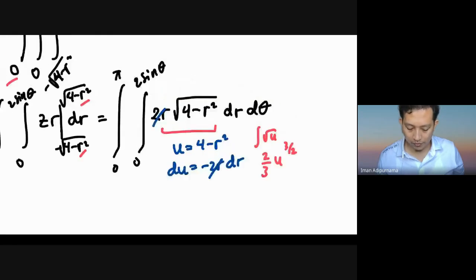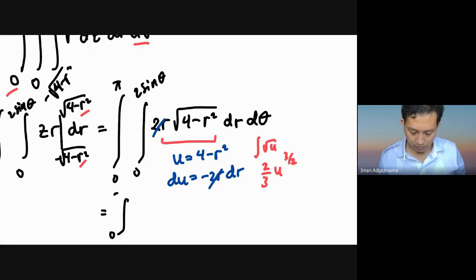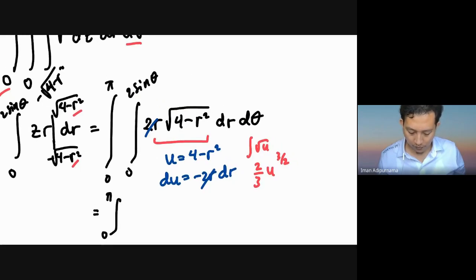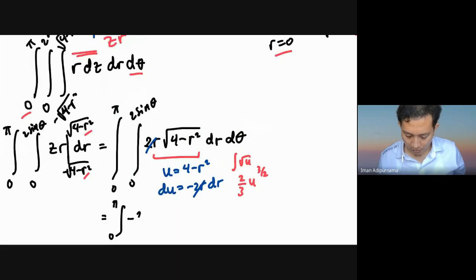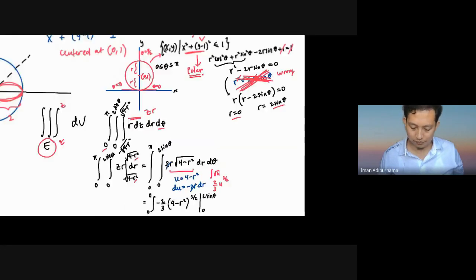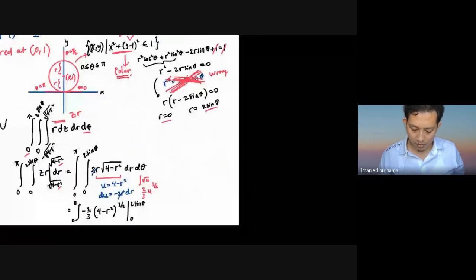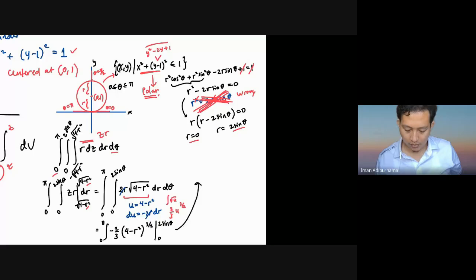So we will have 2 over 3 minus 2 over 3, and then u is, and plug in 2 sine theta and 0. And you can try to finish off this, right?